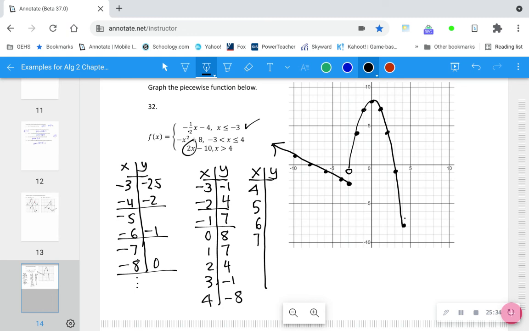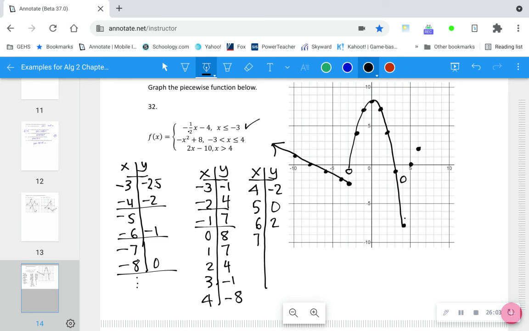Okay, 2 times 4 is 8. 8 minus 10 is negative 2. Open dot at that point. Okay, 5 times 2 is 10. Take away 10 is 0, so that one hits right there. 6 times 2 is 12. 12 minus 10 is 2. 6, 2. Okay, there we go.